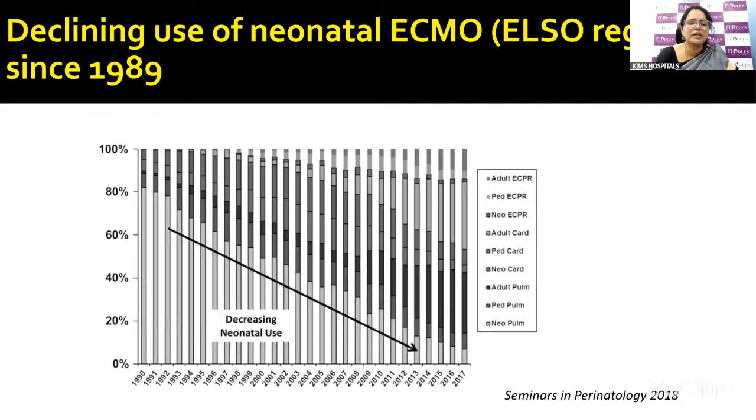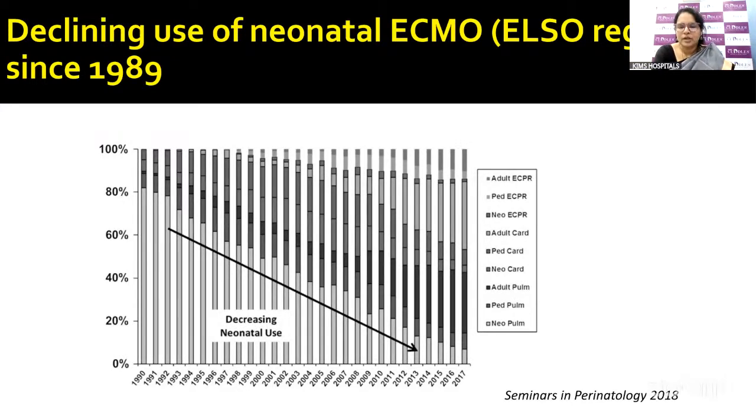But compared to the 1990s, when neonatal ECMO accounted for as high as 80% of overall ECMO runs, today, this is a figure taken from 2018. This might not look very different even today in 2025.